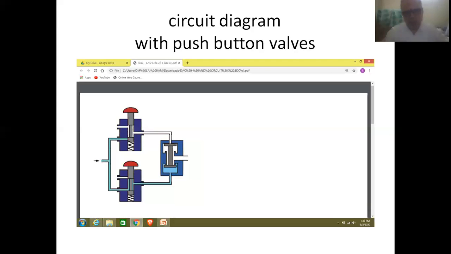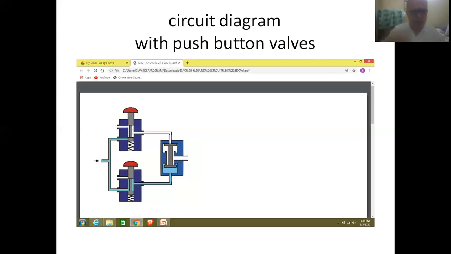So just like the previous circuit, the first DC valve is used for performing the forward stroke of the piston, and the second valve is used for performing the return stroke of the piston.